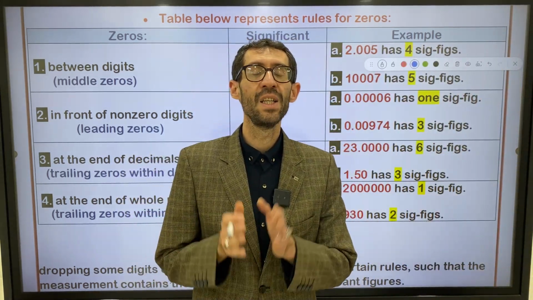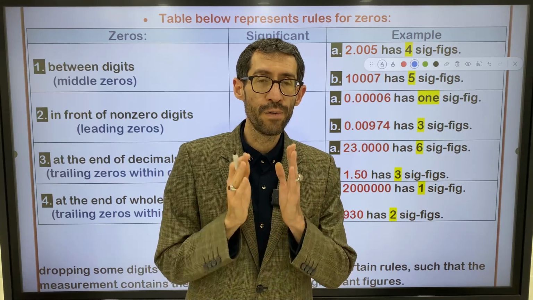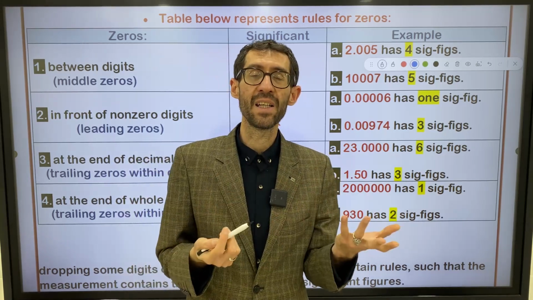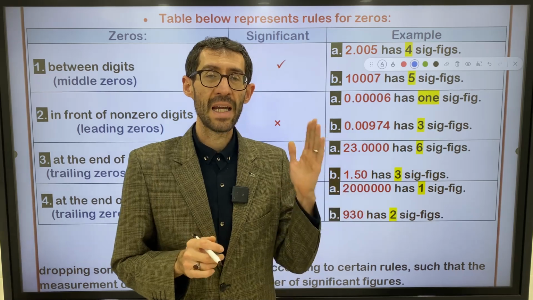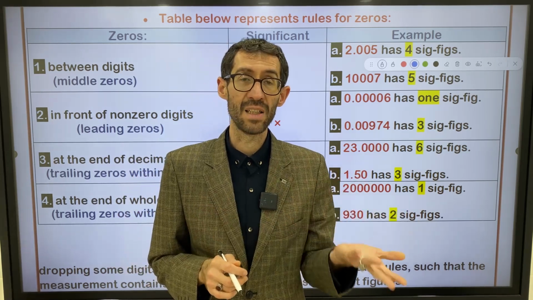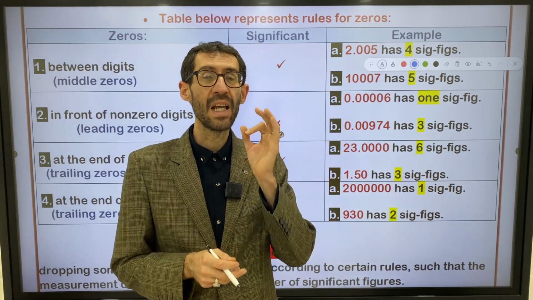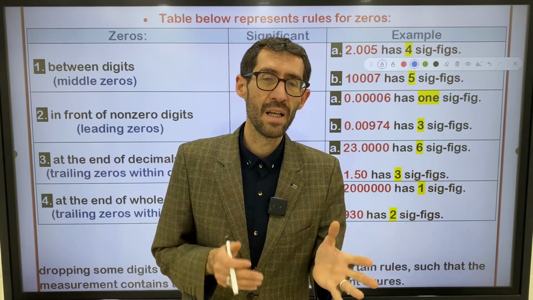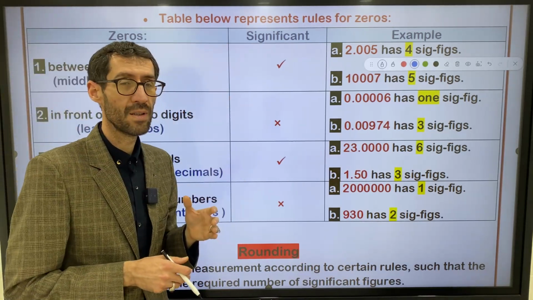Keep in mind that non-zero figures are significant, like 1, 2, 3, 4, till 9. Except for 0. Zero sometimes is significant, but sometimes it's not. So every non-zero figure is significant, but we have a problem about the zeros.